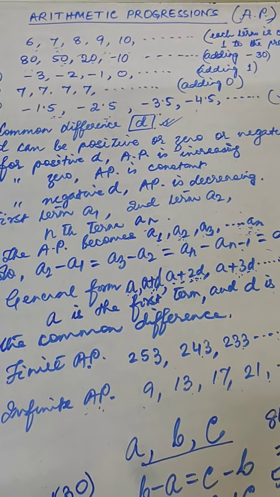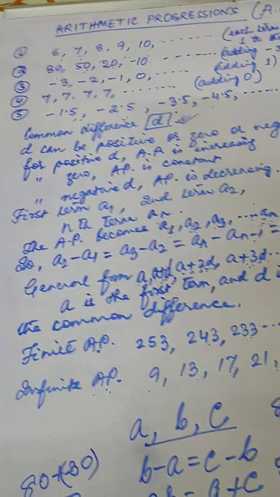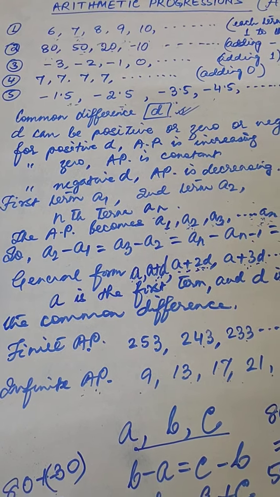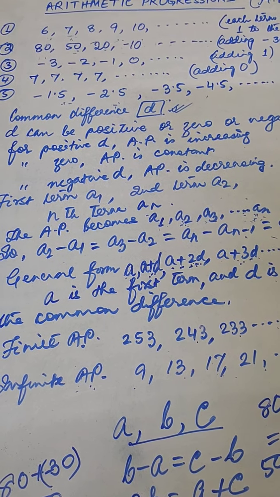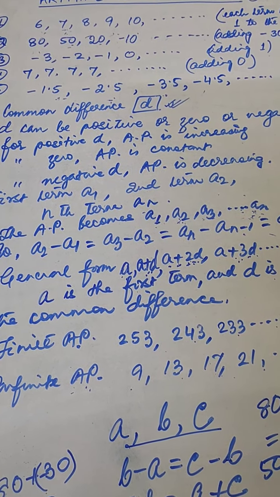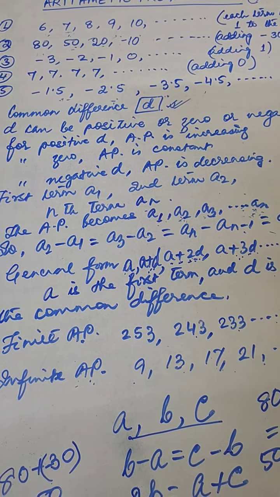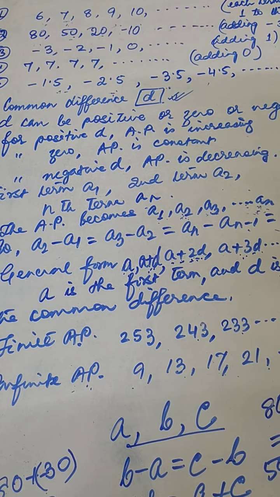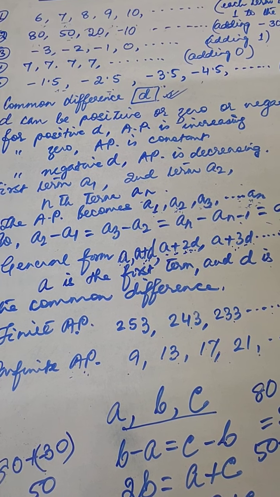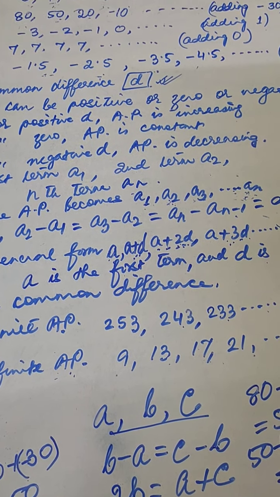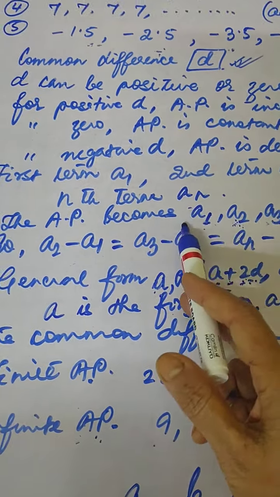Next, suppose we consider the first term as a1, the second term as a2 and the nth term as an. So we can write the AP as a1, a2, a3 up to an. This is the way to write an AP.